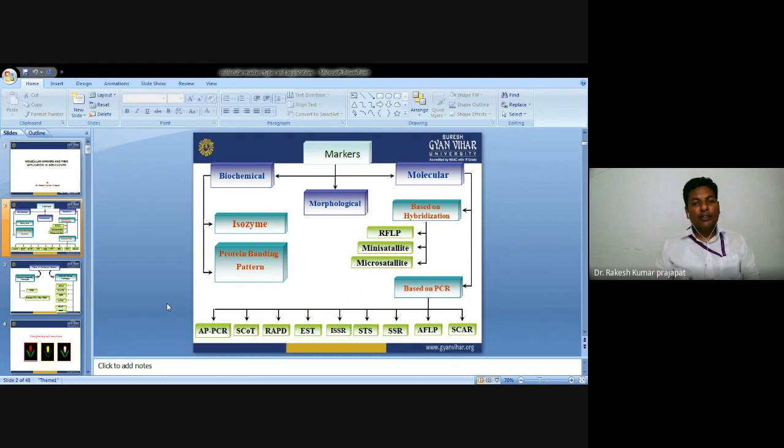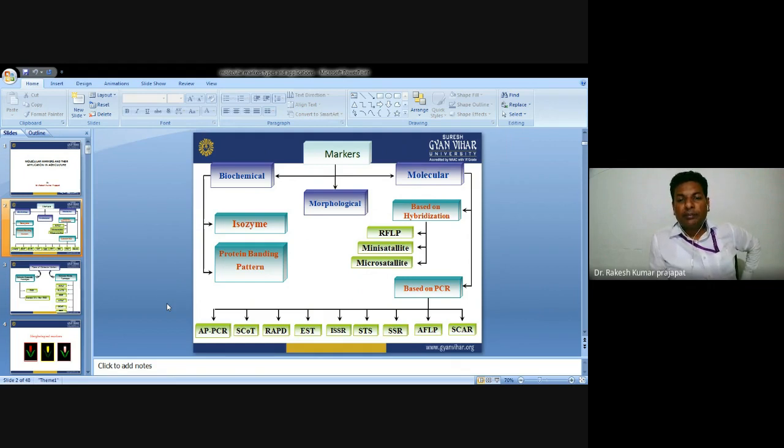Isozymes are nothing but different isolate forms of enzymes. Alcohol dehydrogenase has six different forms of the enzyme. Lactate dehydrogenase has six different forms of isozymes. So all these forms act as biochemical markers.